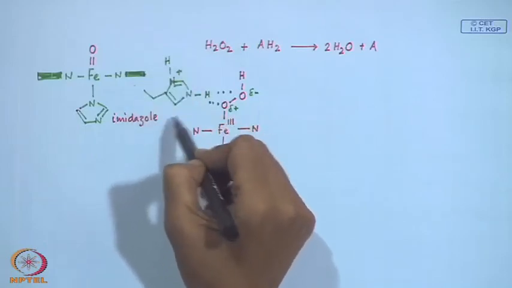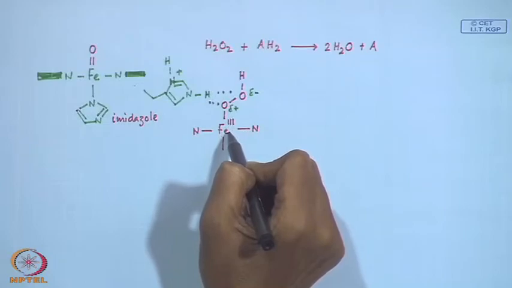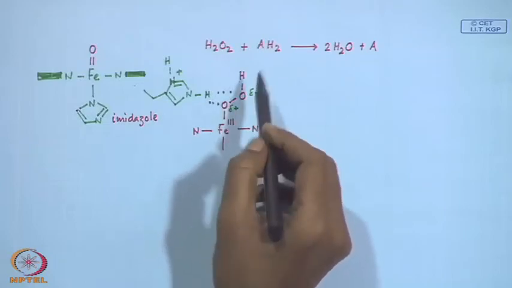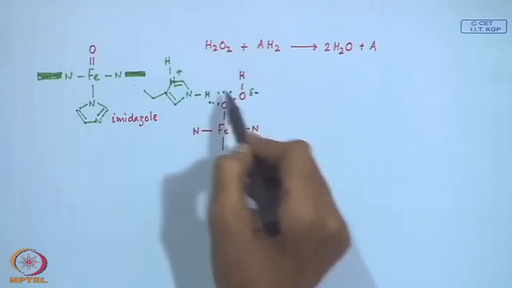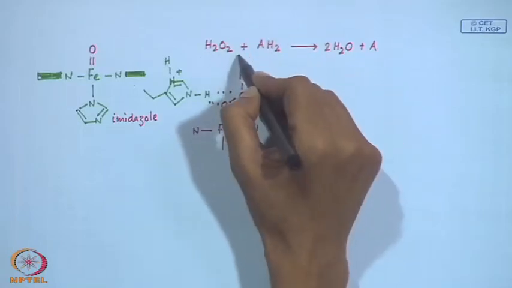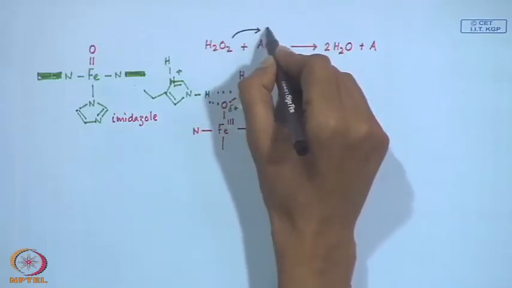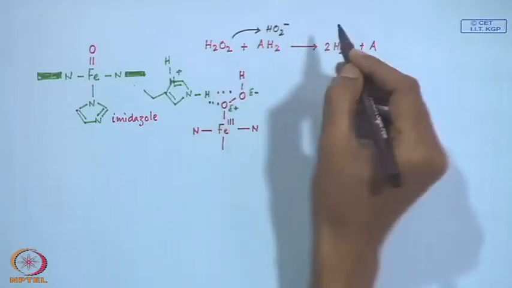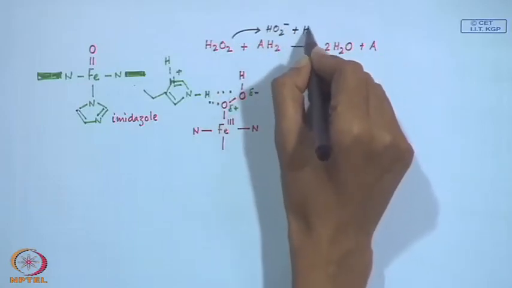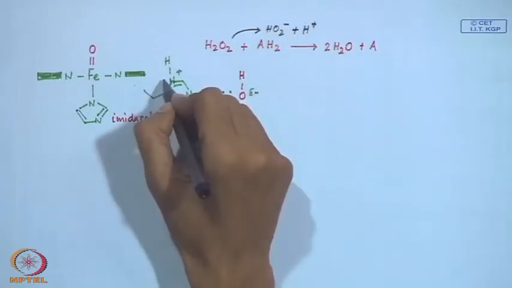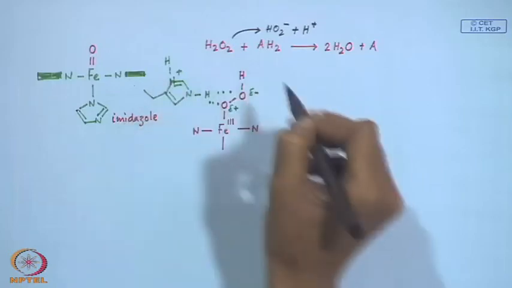So, this particular unit is very close to your iron site, and you see we are having some extra proton from this, because we are talking about HO2 minus plus H plus. So, this proton can go and bind and sit over here.